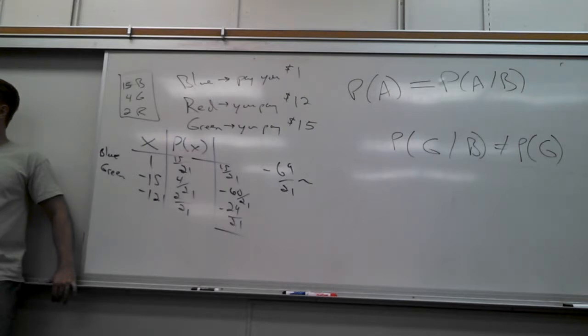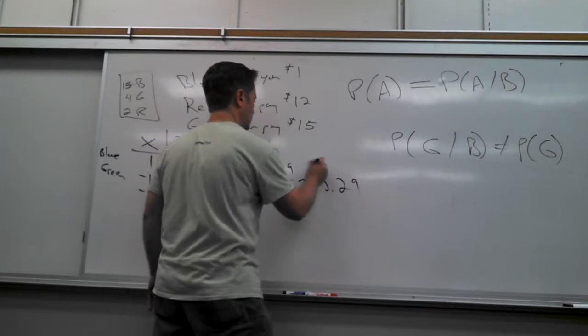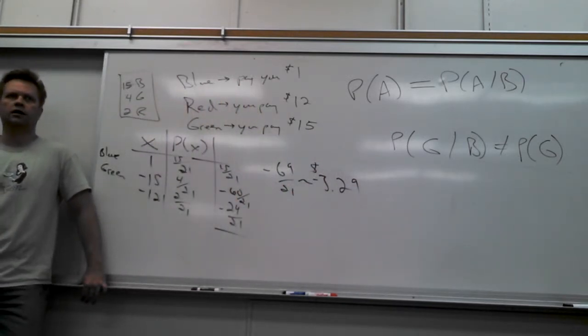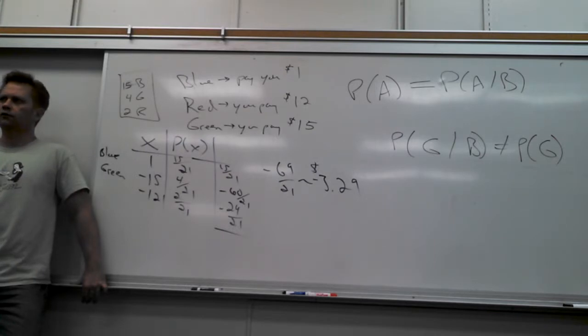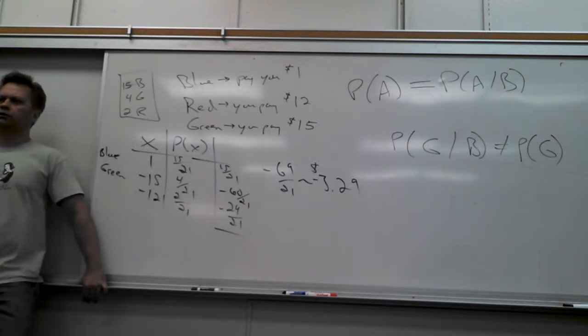Negative 3.285. So like a loss of $3.29 on that. So if you played this game 100 times, how much money would you have lost? $329. Every time you play the game, you have an expected value of negative $3.29.